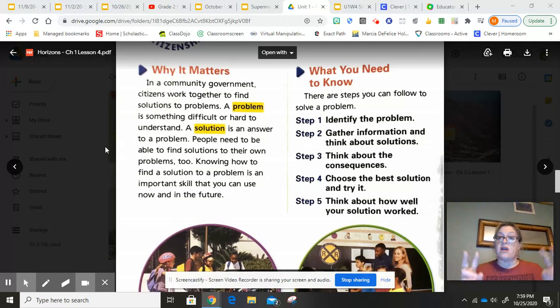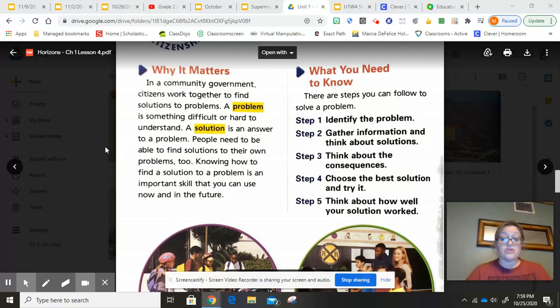Or you might have to find a compromise where they're going to have to learn to share the solution, if you know what I'm trying to say. Okay. So you're going to have to start thinking about solutions. You'll start thinking about possible consequences. And at the end, you want to choose the solution that is best for everyone.